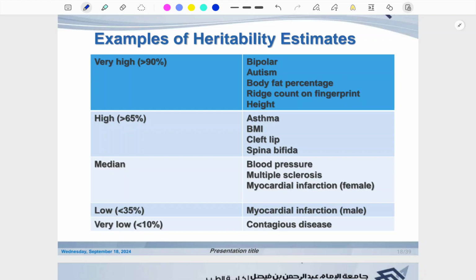Low: myocardial infarction in males. Of course, contagious disease, bacterial microbiology, is very low, that's not inherited. Sometimes it is inherited through your immune system, but usually it's not, so it is very low. But look at this: myocardial infarction in males has low heritability compared to females. So you expect females to be at higher risk than males. But they're not. They are not.